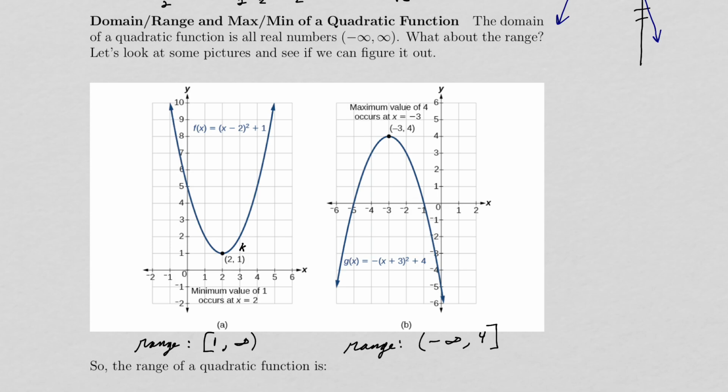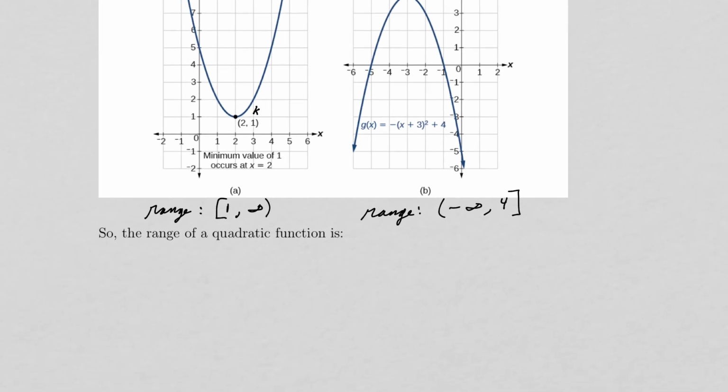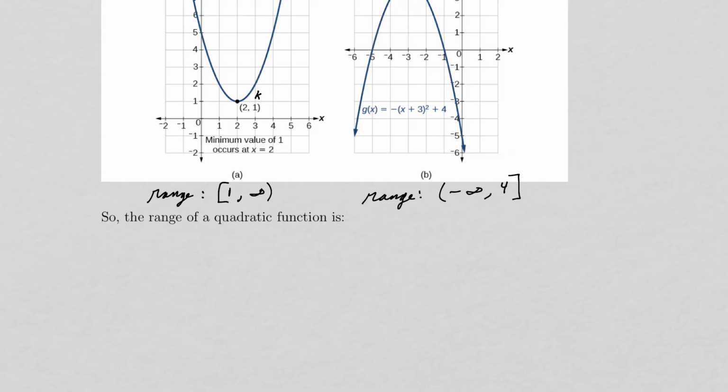Okay, so in general, if the parabola opens upward, let's draw a picture like that, right? In other words, a is greater than 0. Then the range is going to be from k to infinity.